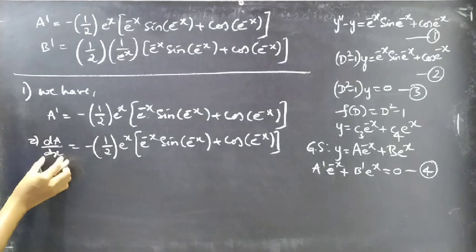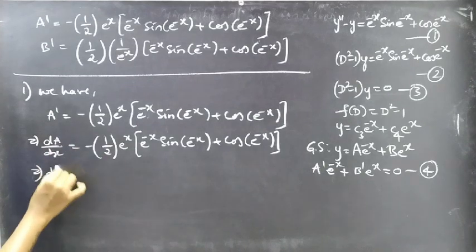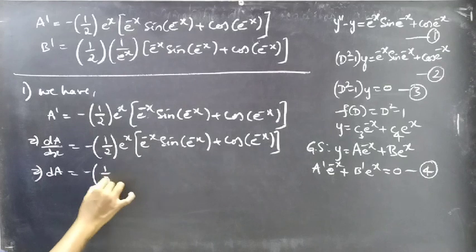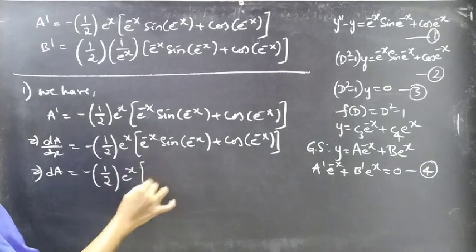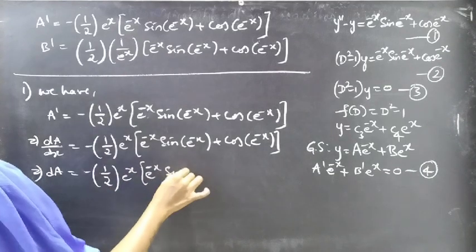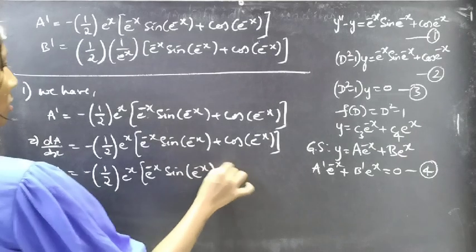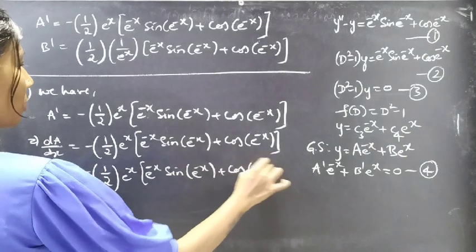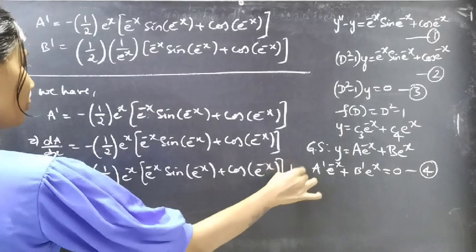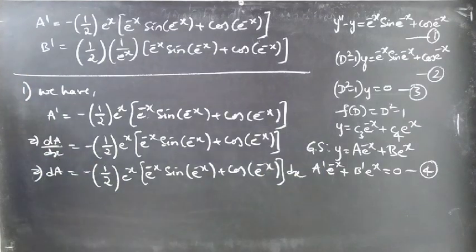Now take this differential dx to RHS, we'll get dA equal to minus 1 by 2 e power x into e power minus x sine of e power minus x plus cos of e power minus x into dx, right?